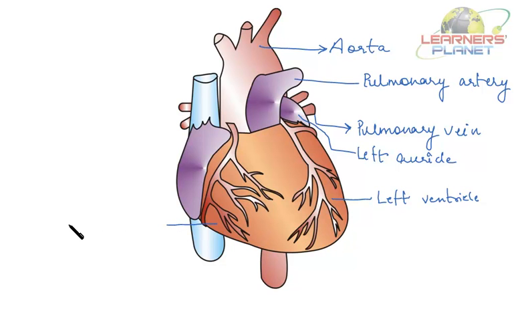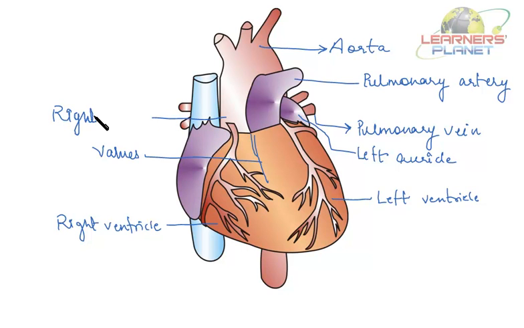Now talking about this side, this is the right ventricle. In between these ventricles are the valves, and this one is the right auricle.